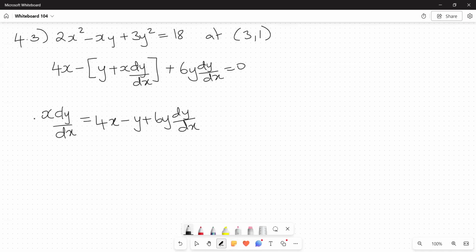Okay, so this one should also be on that side. So we have x, just rewrite this. Just x dy/dx minus 6y dy/dx is equal to 4x minus y. Then factor out.